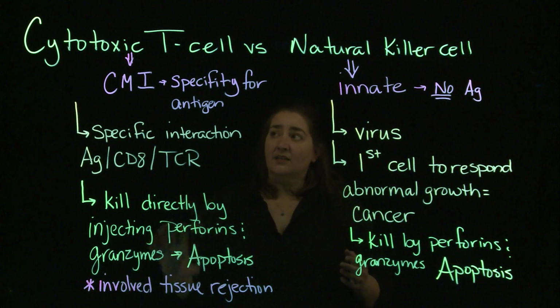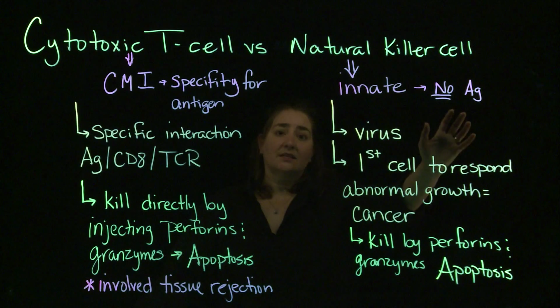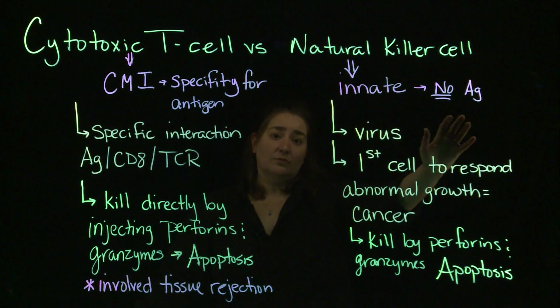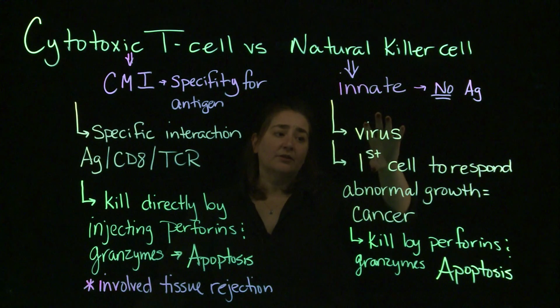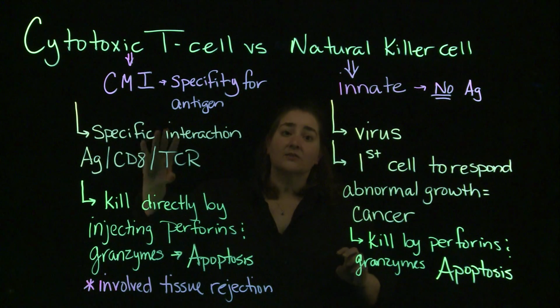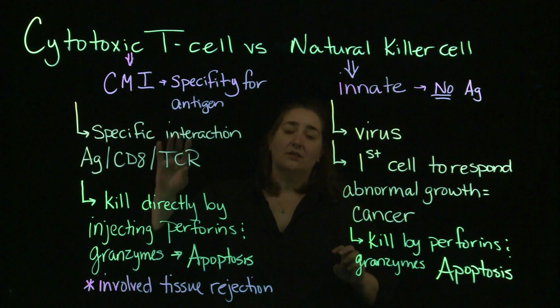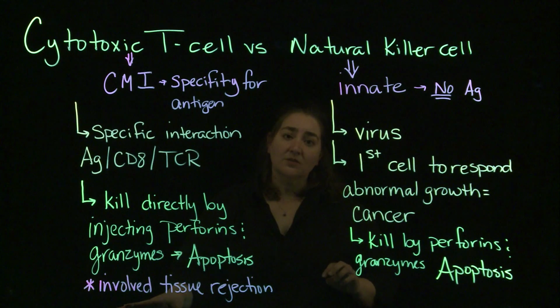That's one thing the cytotoxic T cell will recognize that the natural killer cells won't. Natural killer cells are primarily going to target virally infected cells and cancer. Cytotoxic T cells will also target virally infected cells and cancer cells, but these are also involved in tissue rejection.